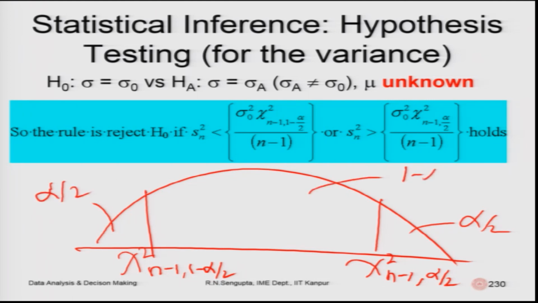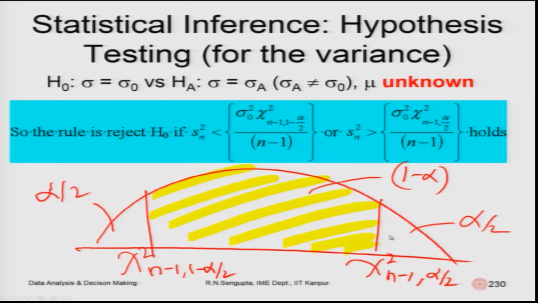This is 1 minus alpha. So, this is what we have drawn, let us see. And the hypothesis is h naught sigma is equal to sigma naught versus h a, where sigma is equal to sigma a is not equal to sigma naught and mu is unknown.